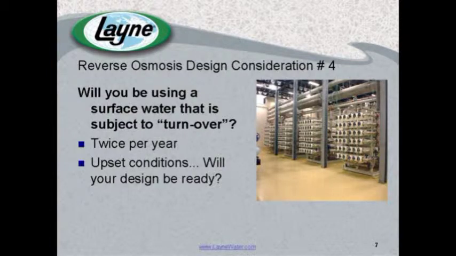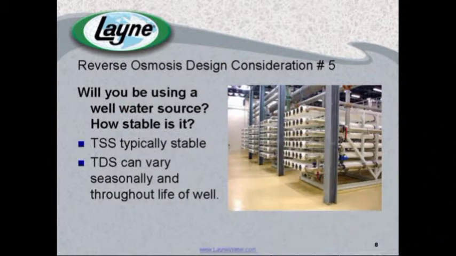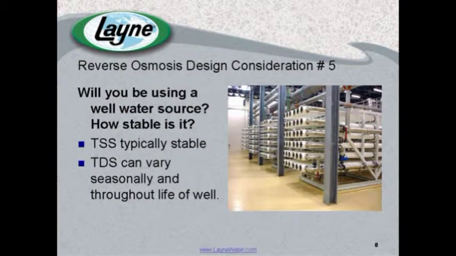In a similar situation, if you're using a well water, this is design consideration number five, here you have a situation where total suspended solids, TSS, is probably pretty stable under all conditions because it is not a surface water, you're pulling it from a well. However, total dissolved solids, even in a well, can vary wildly from season to season and year to year.